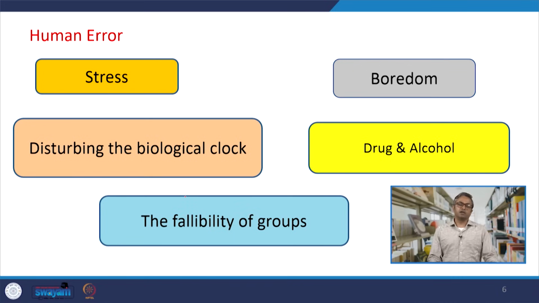It should be noted here that there are many more contributors which lead towards human error. For details on other human error contributors, we may address them in coming lectures. But here, these are the 5 major contributors towards human error.